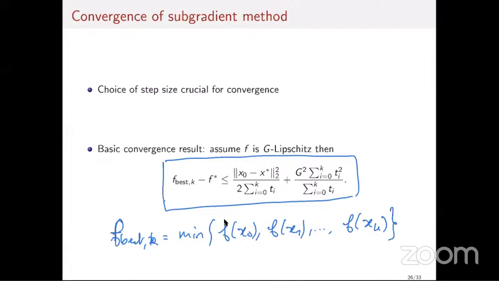So what one can show is that f best k minus f star, the gap in function value, is bounded by the following quantity. This quantity looks a little bit complicated, so I'm going to dissect it, and then we will see how to prove this result.